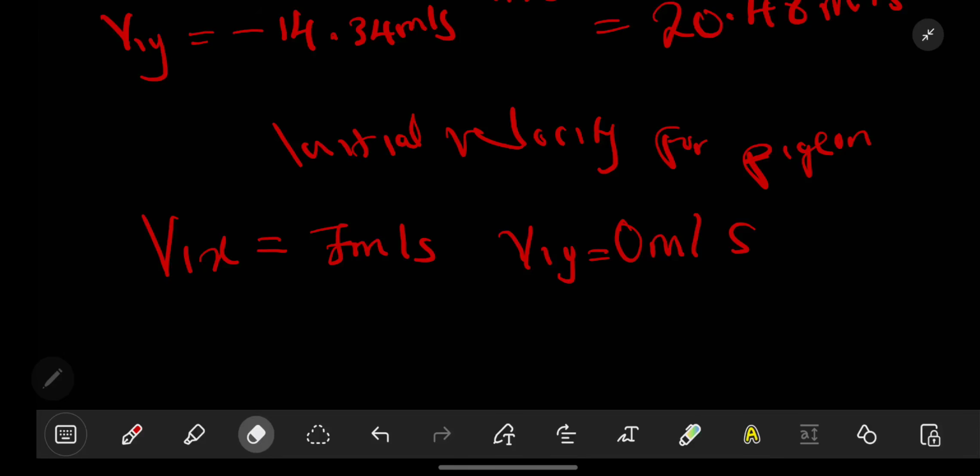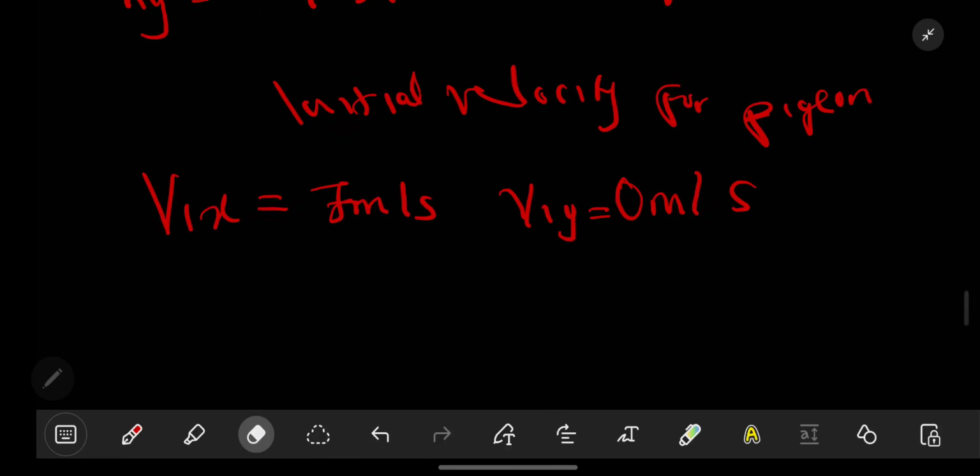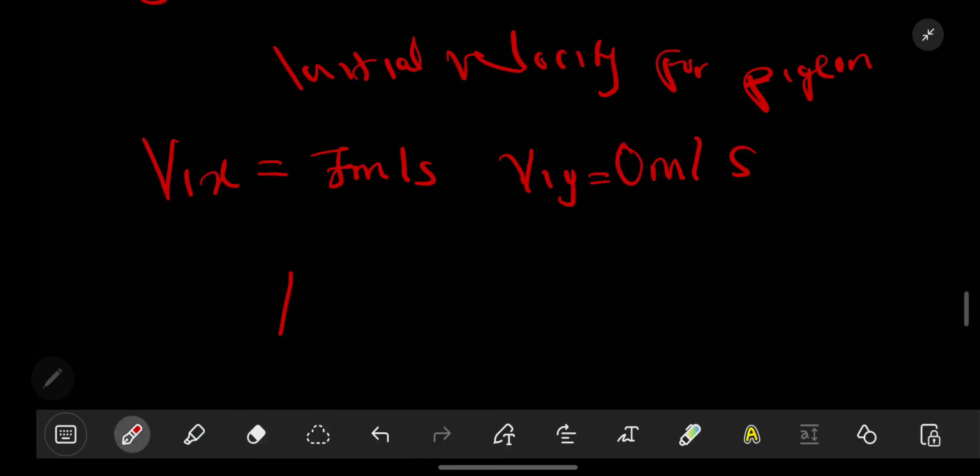Then we are going to do the same thing we did for the previous question by saying momentum in the x.